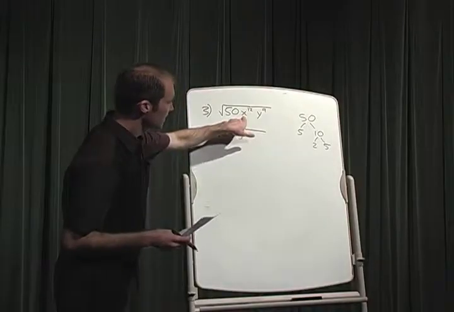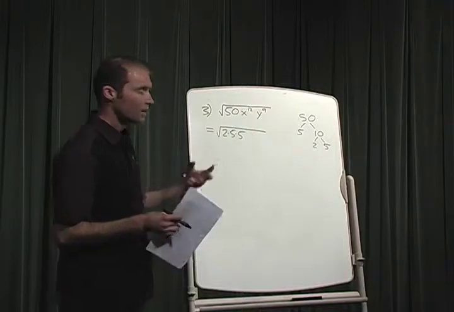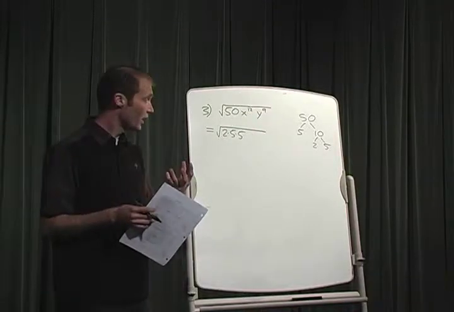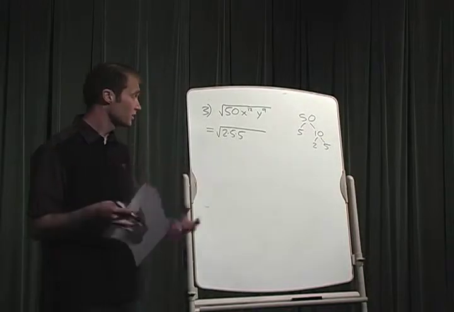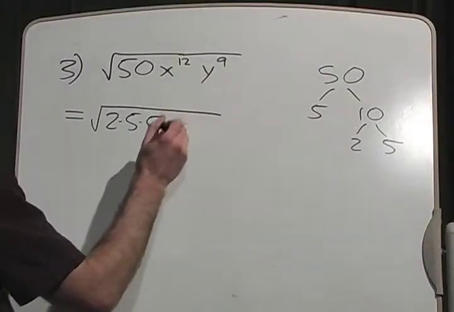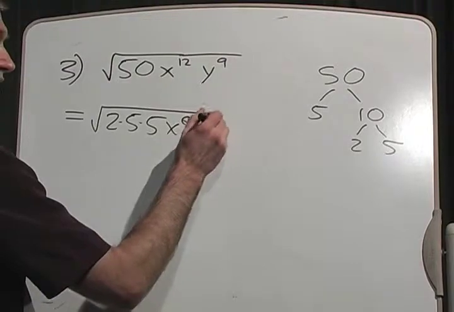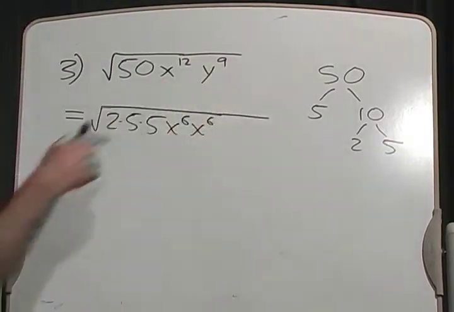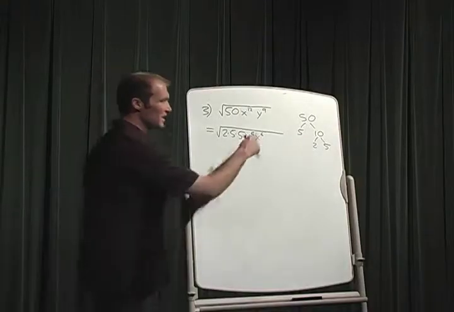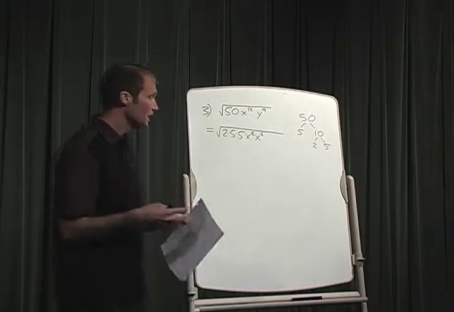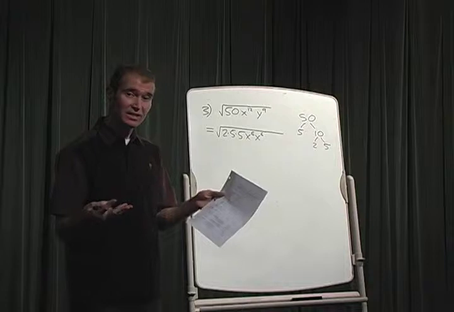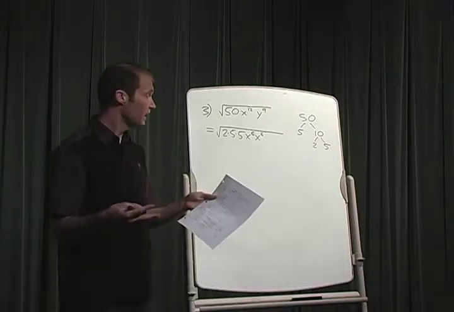Now let's deal with this x to the 12th. As it turns out, x to the 12th can be broken down into two equivalent factors. X to the 6th times x to the 6th. But y to the 9th, because the exponent is an odd number, unfortunately, it doesn't break down nicely into two equivalent factors.